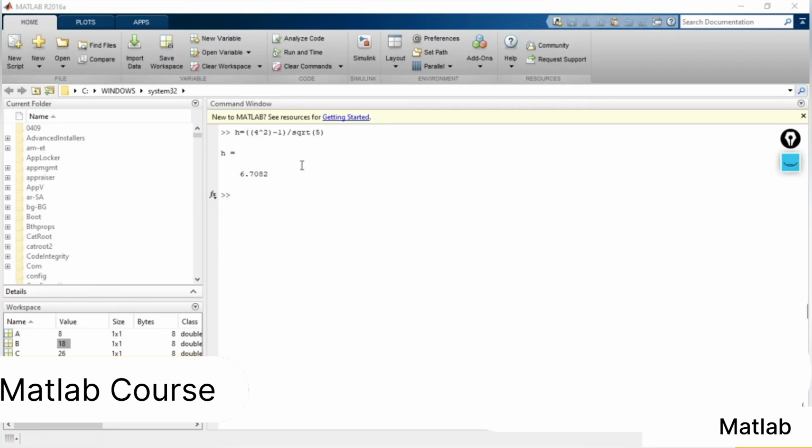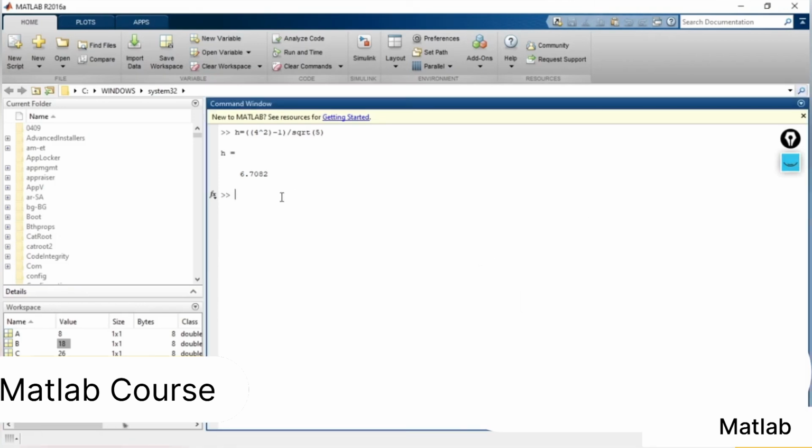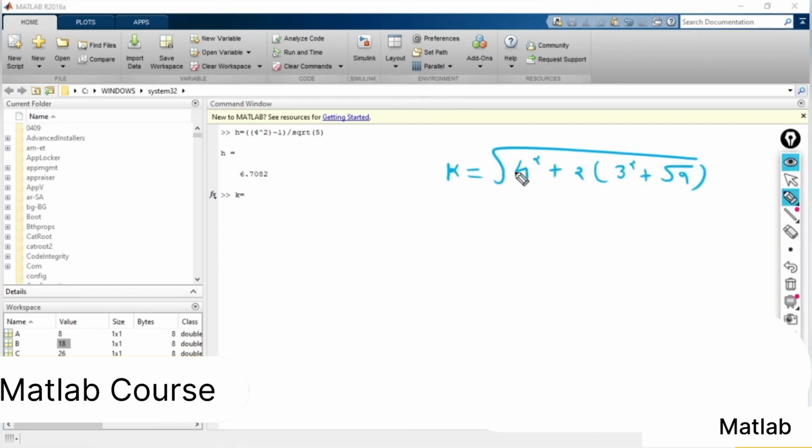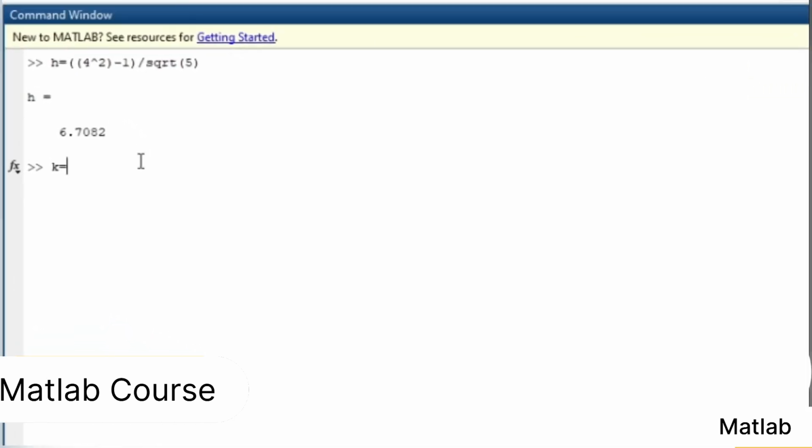So we'll start with k. k is equal to, now we want everything under root, the whole equation under root. So we'll write sqrt, square root of everything, and in that square root we want to implement 4 square.